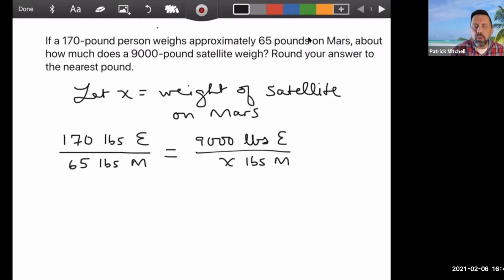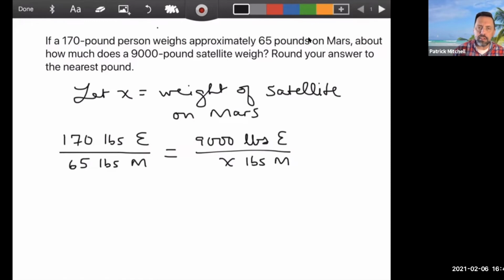There are a few different ways that you could set up this proportion. What I recommend is have one set of units on top and have another set of units on the bottom. Often you will have 2 different sets of units in your proportion problem, not always. All right, so again, the way I read that is 170 pounds on Earth is to 65 pounds on Mars, as 9,000 pounds on Earth is to x pounds on Mars.